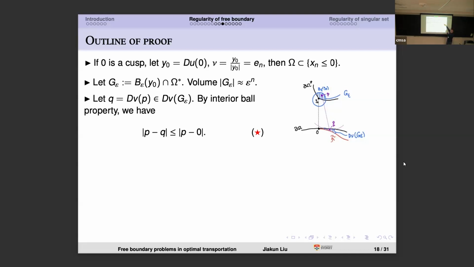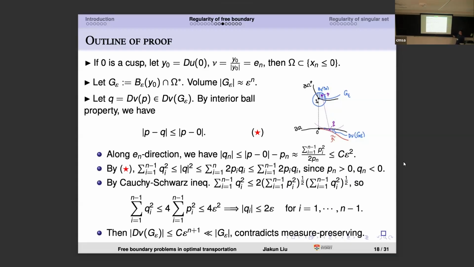It's on one side of the free boundary. So that means the distance between P and Q is less than the distance between P and the origin. Okay, so this inequality is coming from the interior ball property.